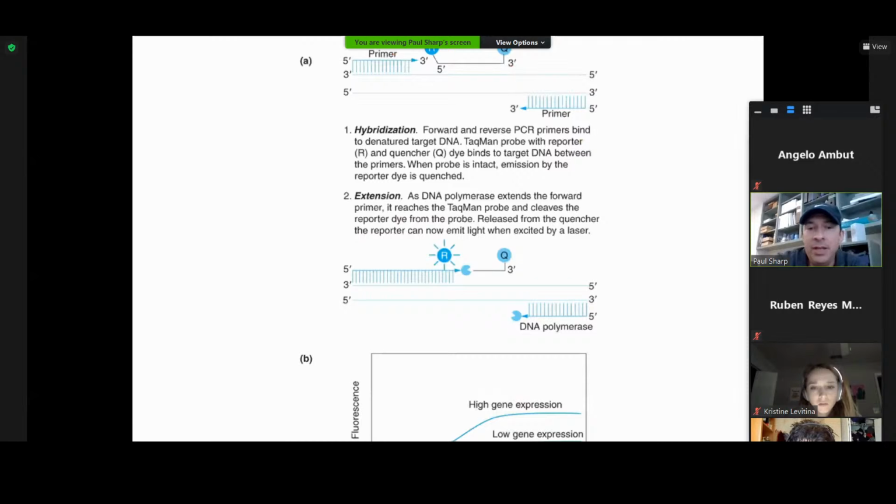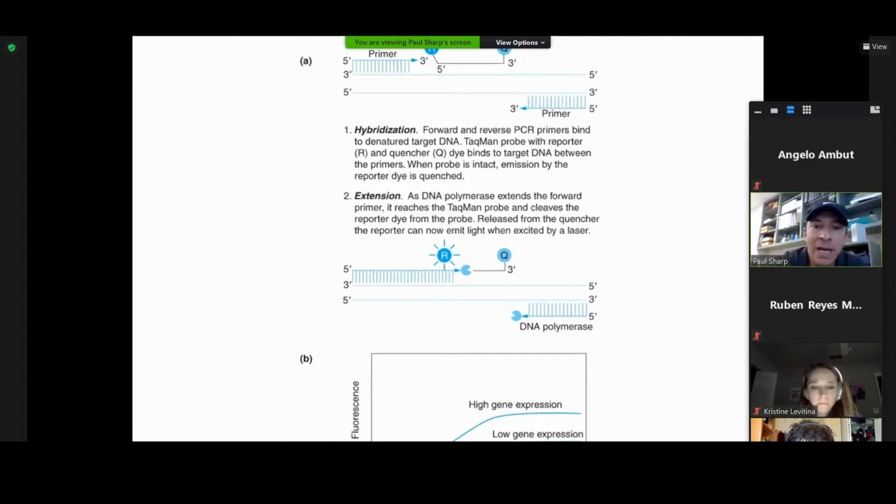Obviously, after 0, you would have 1, 2, 3, and then 4, and then 5, 6, 7, then 8, and so forth. Now, on the y-axis is the amount of fluorescence. This is the amount of fluorescence that is getting picked up in the individual tubes.